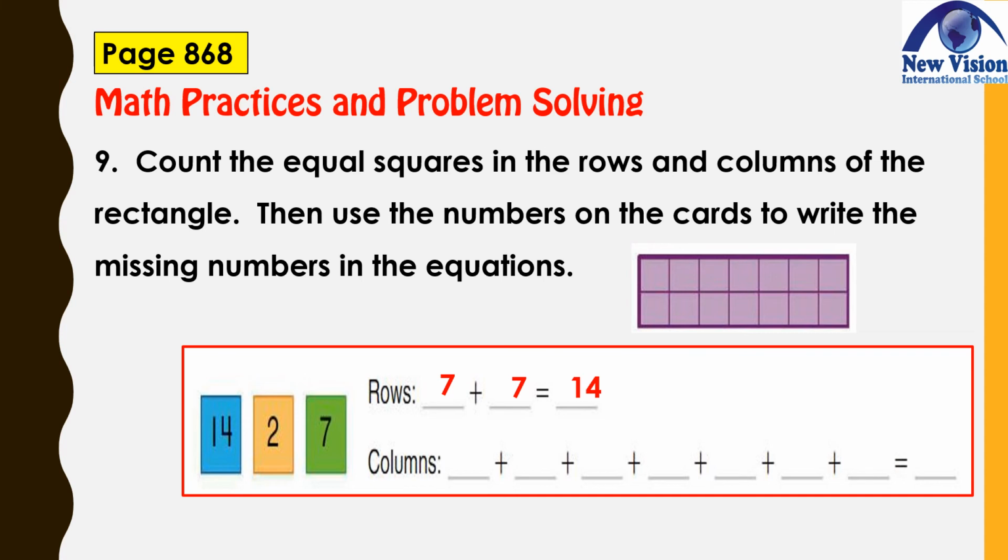So we have 7 plus 7 equals 14. Columns, there are 7 columns. In each column, there are 2 squares. So we have 2 plus 2 plus 2 plus 2 plus 2 plus 2 plus 2 equals 14.